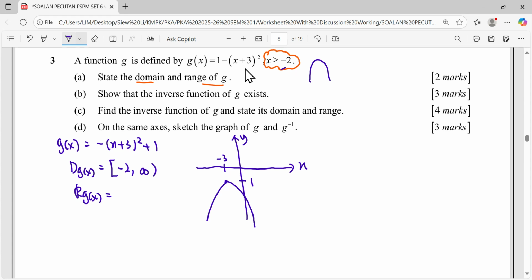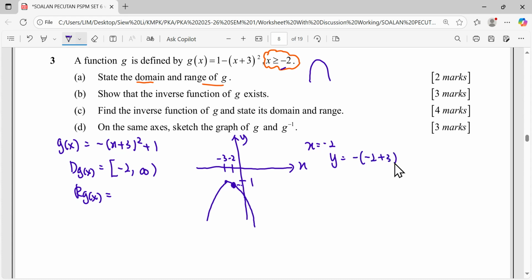X sama dengan negatif 3. Tutup ni, tengok y sama dengan 1. So negatif 3, 1 adalah maximum point. And from where they start cut off? From negative 2. Here. Included. So when x equals to negative 2 here, what's your y coordinate?